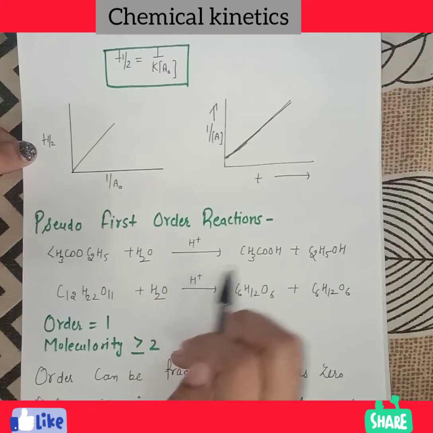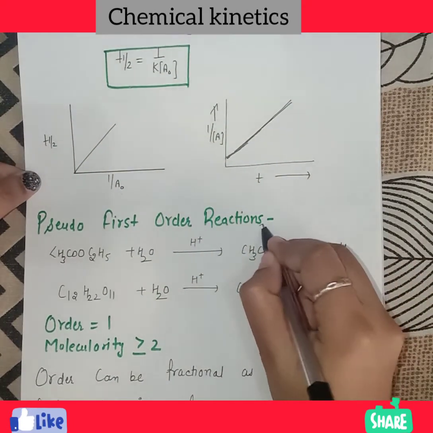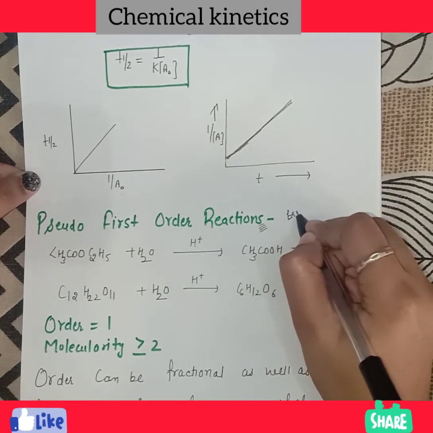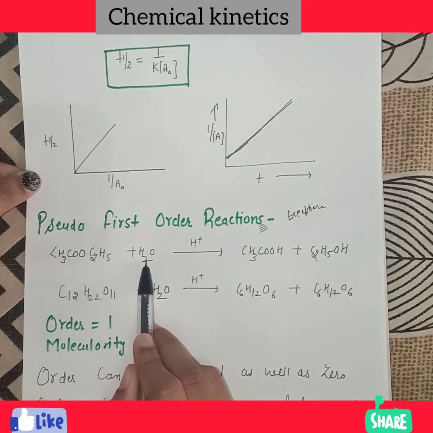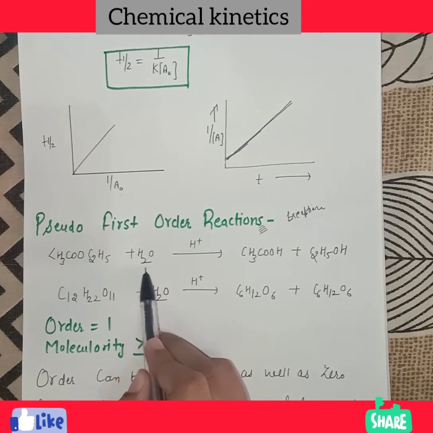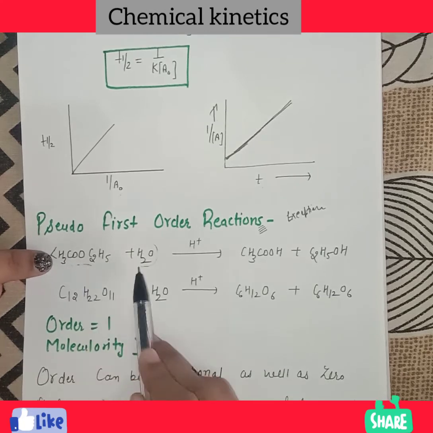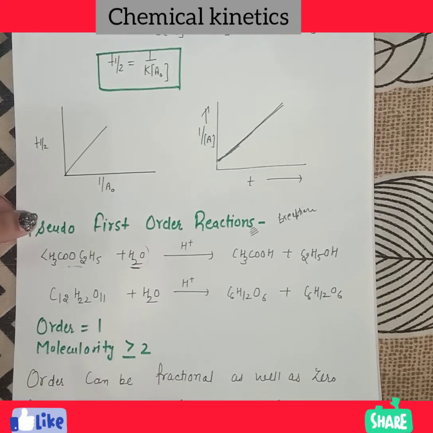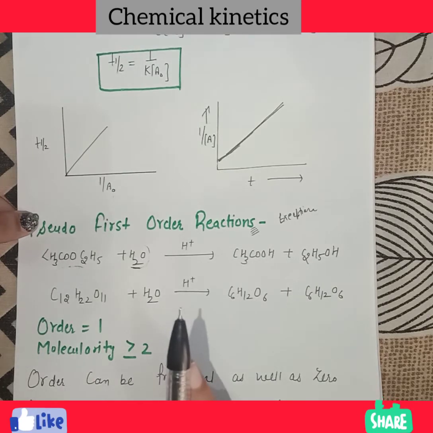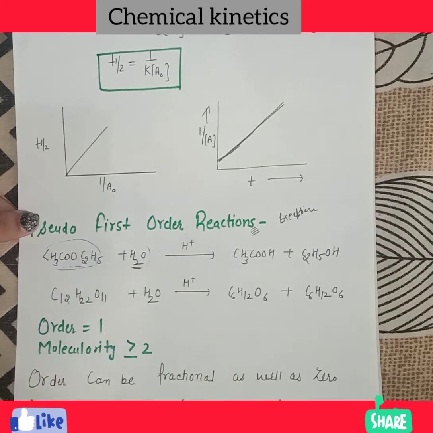Next is the pseudo first order reaction. In this reaction there is an exception: if we are taking two reactants, then one of the reactants is taken in excess, like this one is a reactant and this is water. Water is taken in excess so that the rate of reaction depends only upon the concentration of one reactant.